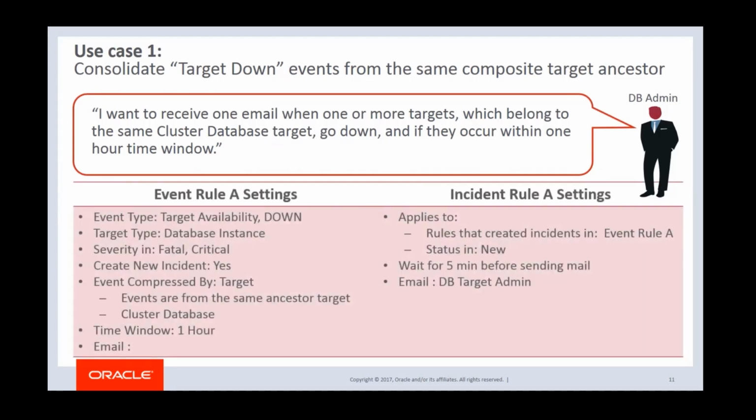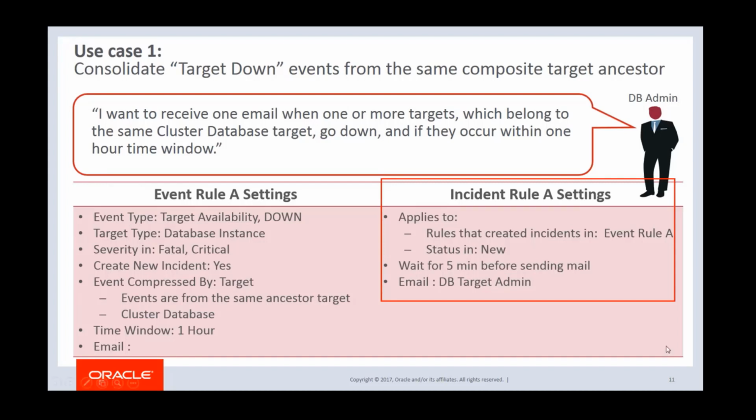And he can do this by first creating an event rule for the target down event. Then compress the events by the same ancestor target and select cluster database. Then create a new incident based on the grouping criteria. And finally, create an incident rule that sends out the email notification.